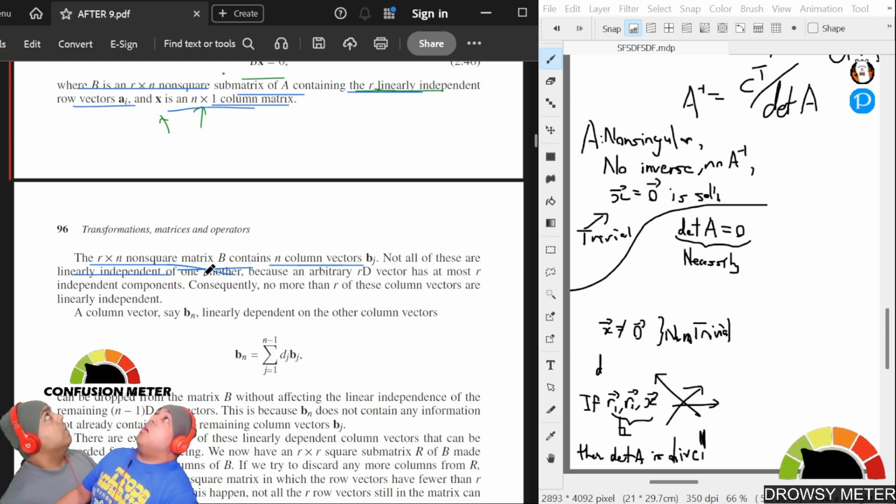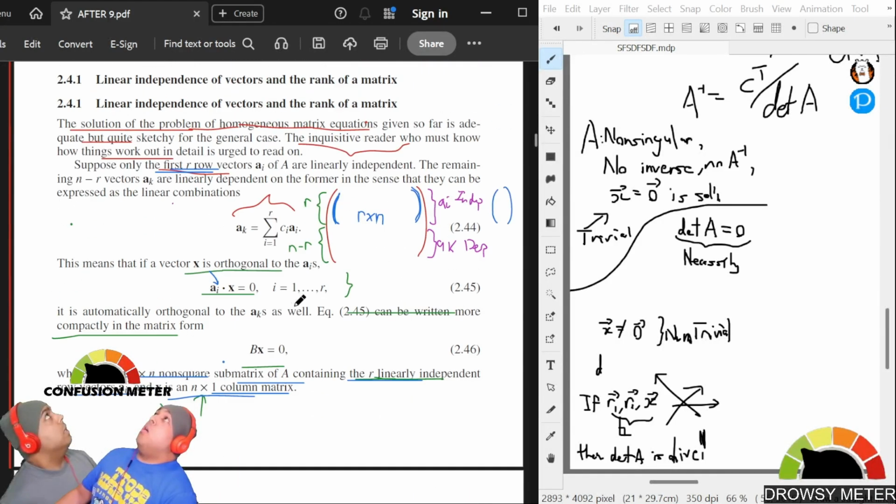Not all of these are linearly independent of one another, because an arbitrary r-dimensional vector has at most r independent components. Consequently, no more than r of these column vectors are linearly independent.